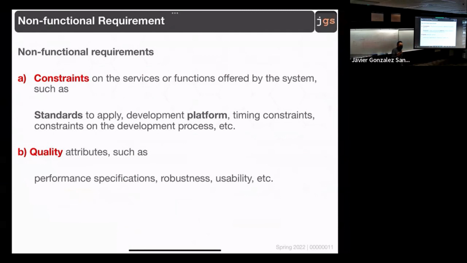Those are the two things that can be non-functional requirements, nothing else. Did you notice? Functional: service, reaction, or behavior. Non-functional: qualities or constraints. That's it.